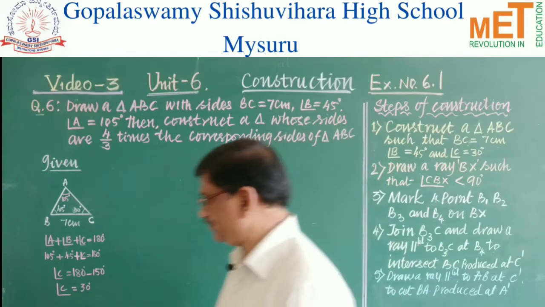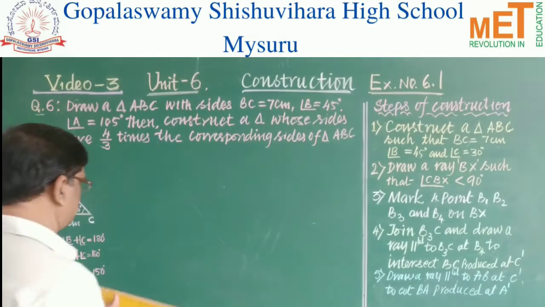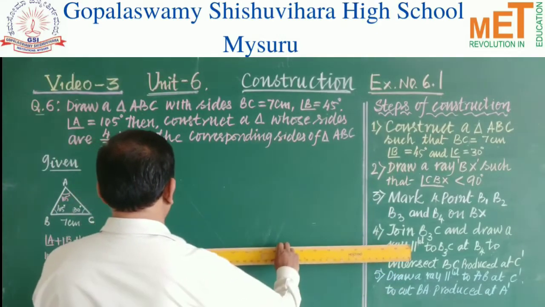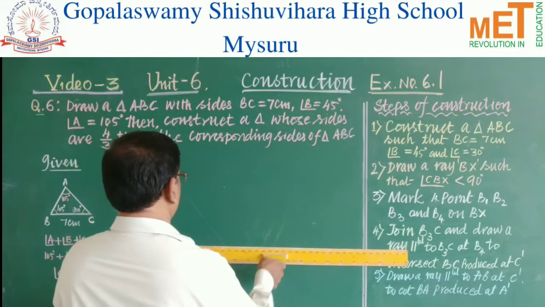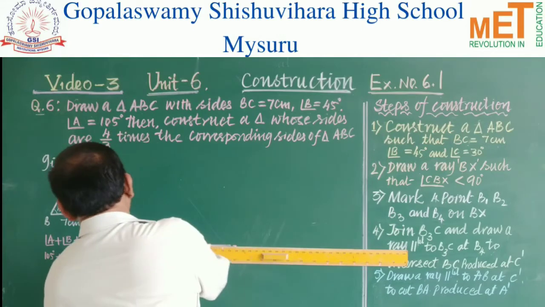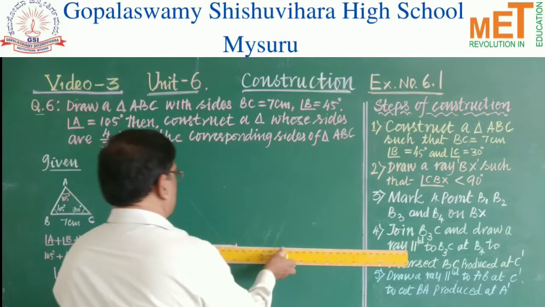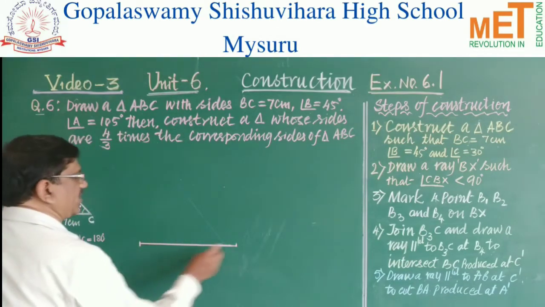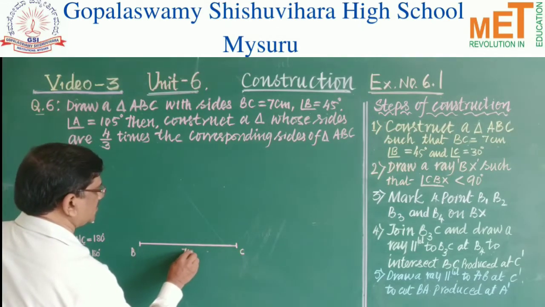Okay. So what we have to do first? Draw a line segment that is equal to the base BC equals 7 centimeter. Okay. See, children, here I have drawn the line segment that is BC is equal to 7 centimeter.